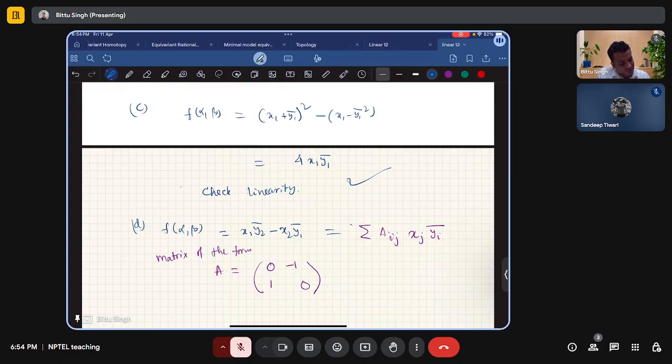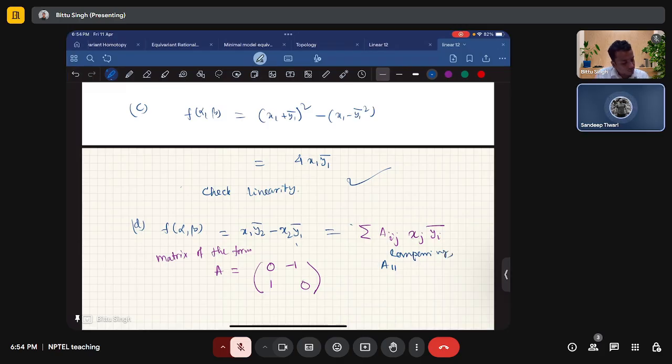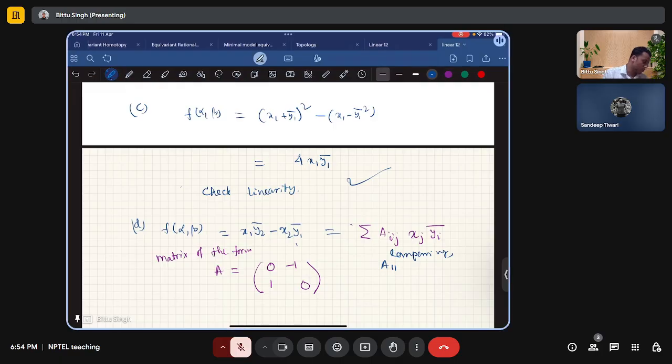Otherwise, you can also check from this comparison, which is much easier. But this will work only in case of standard basis. Otherwise, this will fail. So A11, you can see that there is no coefficient of x1 y1 bar.